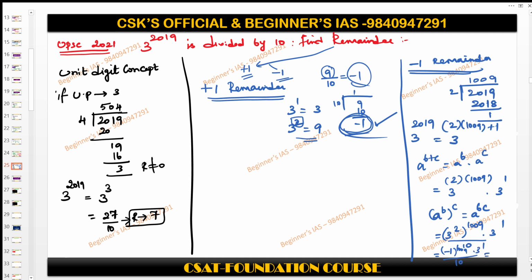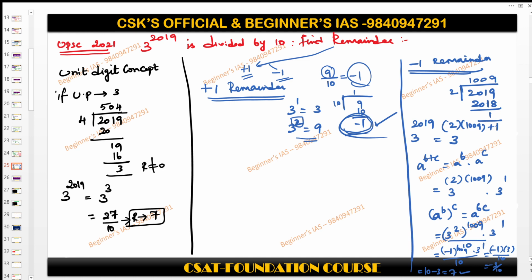Minus 1 power an odd number is minus 1, into 3 by 10. So now minus 3 by 10. If the resultant contains a negative, then what will you do? Denominator plus numerator, so 10 minus 3, which is equal to 7. In this case also we are getting 7 as the answer, isn't it?